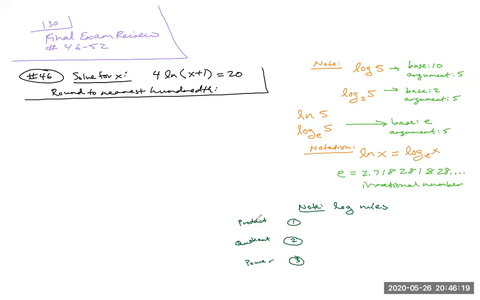And sometimes you can hear this called product to sum and quotient to difference, but the main thing is just noting this. So if you have log base a of x and you add log base a of y, you combine the logs into one, so log base a, but now you're going to multiply the arguments x and y.